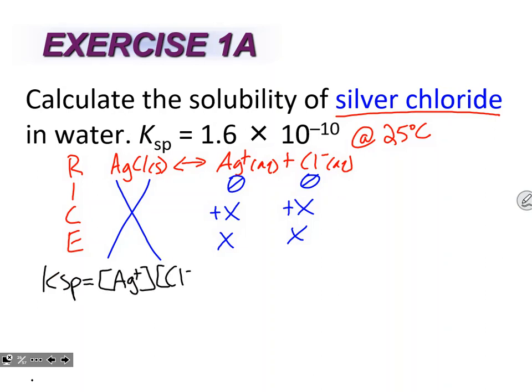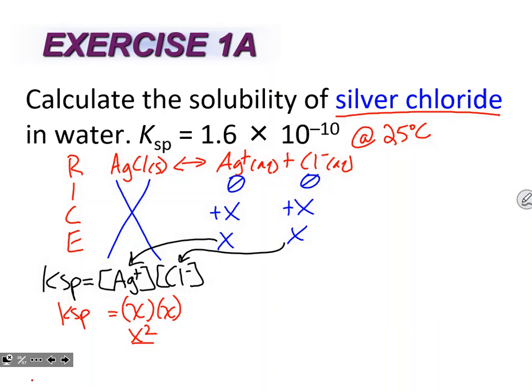That X goes here, this X goes here, and you end up with X times X, which is X squared. And we know this because this is 1 to 1. So it is going to be the X squared version.